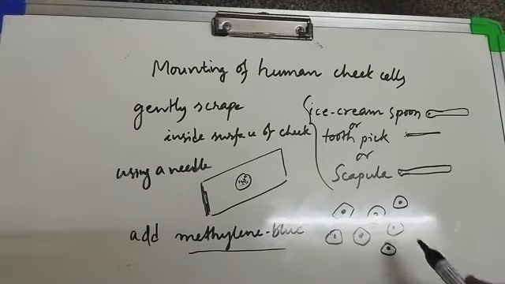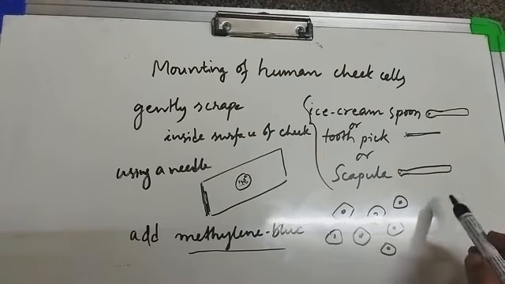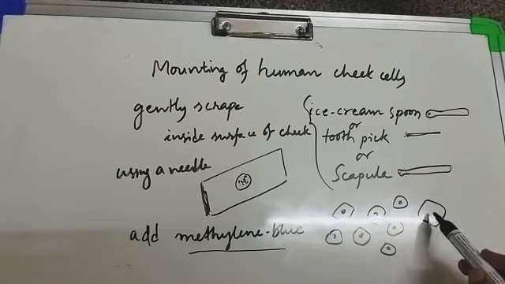And inside the cells, a darkly colored spherical structure you can see. That will be almost near the center of the cell.